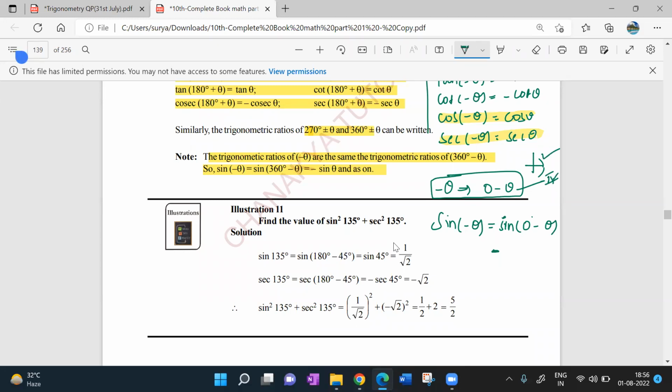In the fourth quadrant, sine will be negative. So sine of negative theta is negative. Similarly, if sine is negative, of course cosec also will be negative.